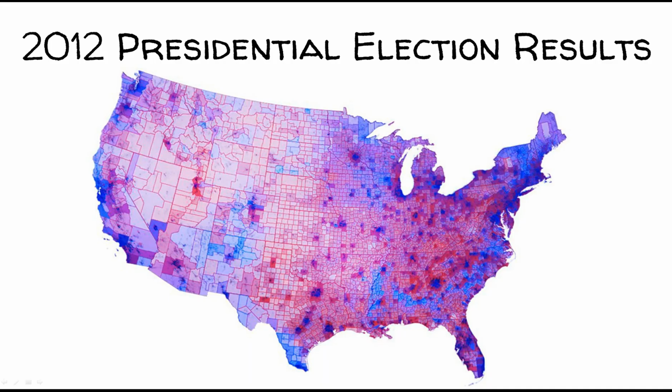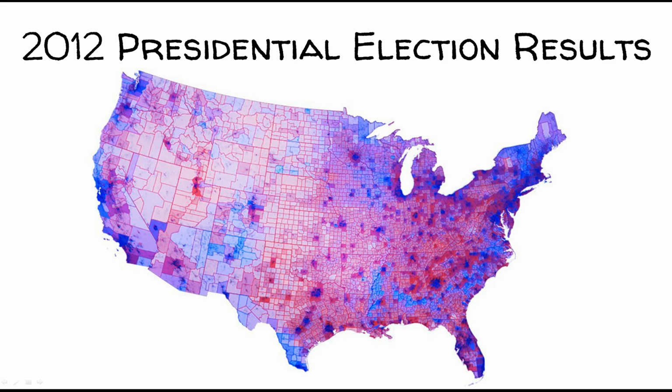So here we're going to look at the 2012 presidential election results. And some of you might have seen a map like this, maybe you haven't. And so I'll go over what this map is all about. First off, this is a choropleth map of the contiguous United States by county. The presidential election results are presented as a percentage of the county vote for voters voting for either Obama or Romney.